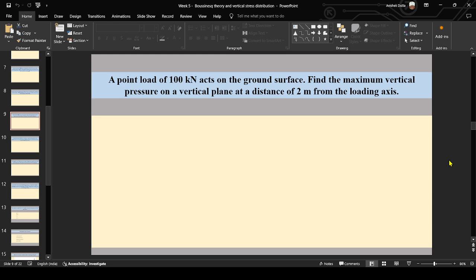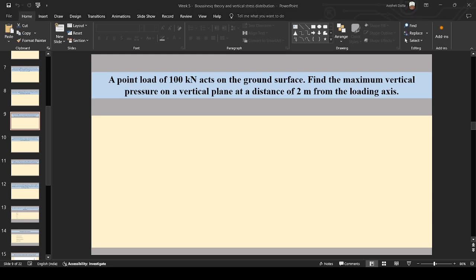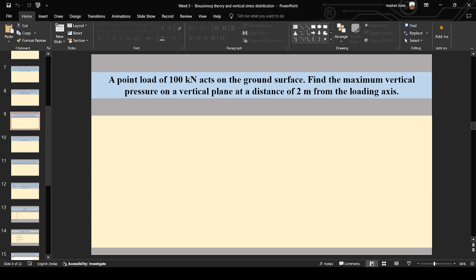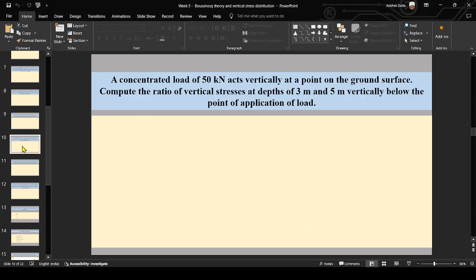I'll repeat the question. A point load of 100 kilonewton acts on the ground surface. Find the maximum vertical pressure on a vertical plane at a distance of 2 meter from the loading axis. Okay. Next question.